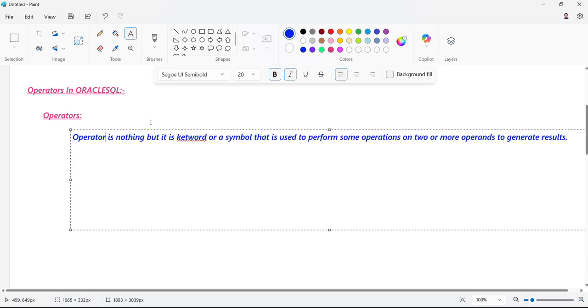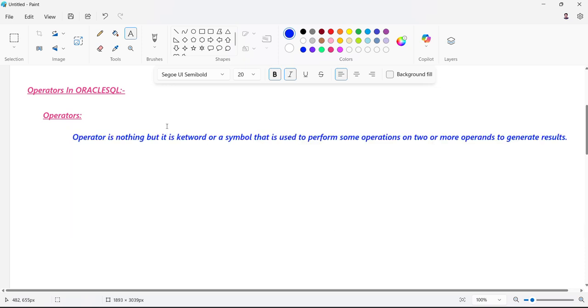So operator is nothing but a keyword or symbol that is used to perform some operations on two or more operands to generate a result.